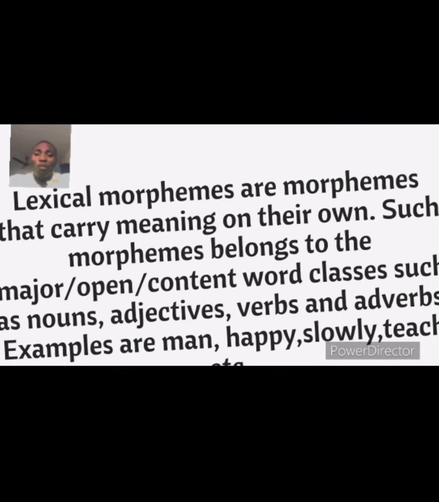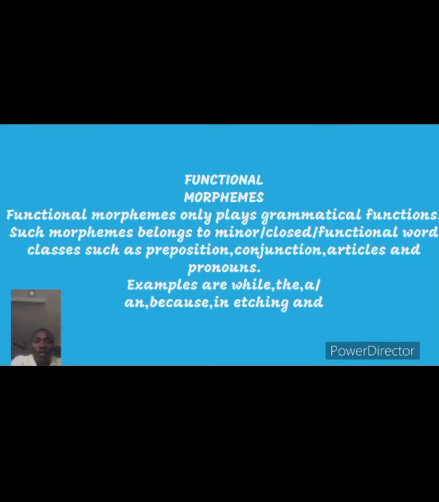Lexical morphemes are morphemes that carry meaning on their own. Such morphemes belong to the major open content word class, such as nouns, adjectives, verbs, and adverbs. Examples are sit, man, come, happy, because.